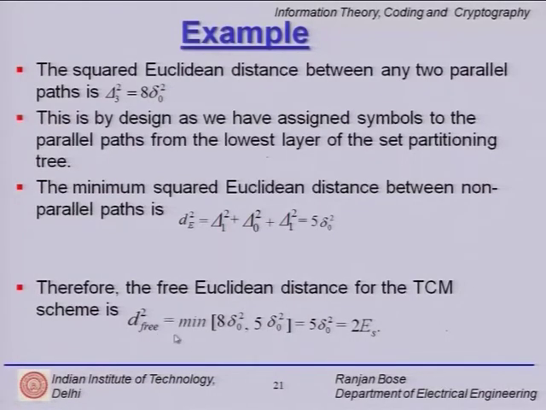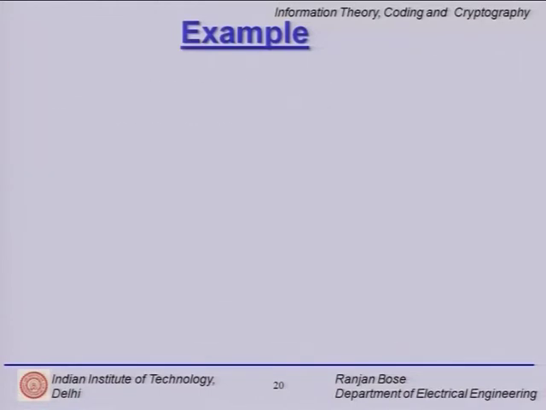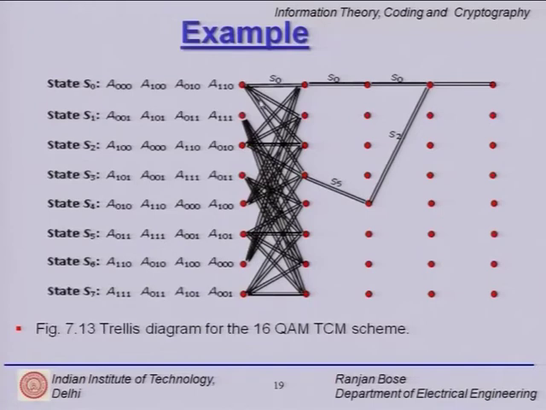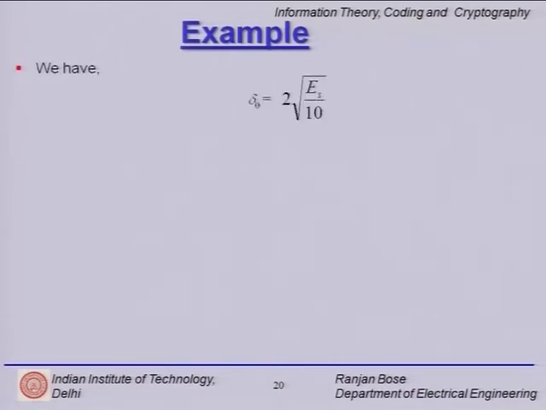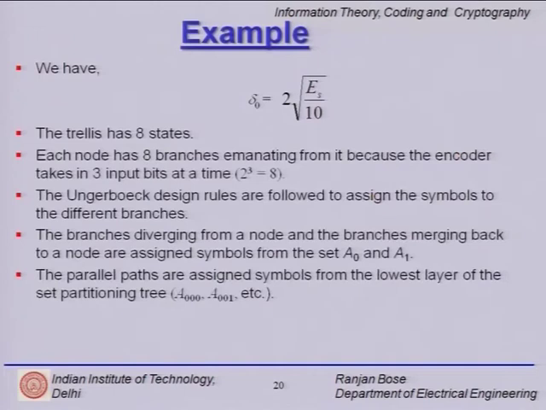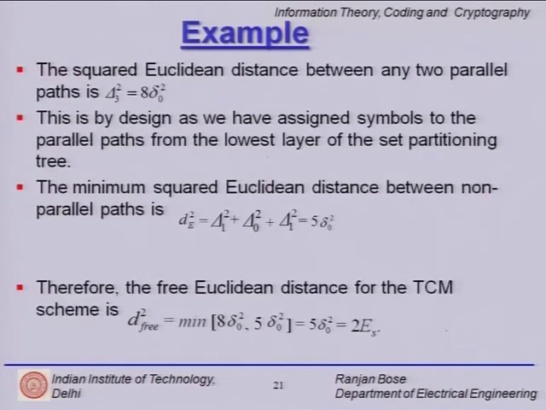So, if you look at D free squared, it is the minimum of the diverging and the merging back branches. So, we calculated D free between this node and this node either through this branch or it diverges and then merges back. So, it is not the parallel transition, but the others which are causing it to have an error event, and consequently we have the D free dictated by the non-parallel path, which is 5 delta naught squared equal to 2 under root 2 E s.